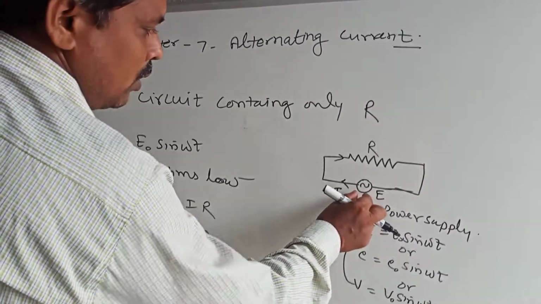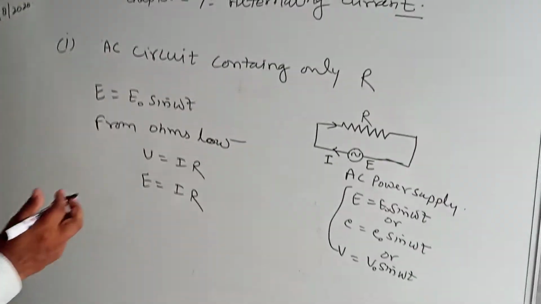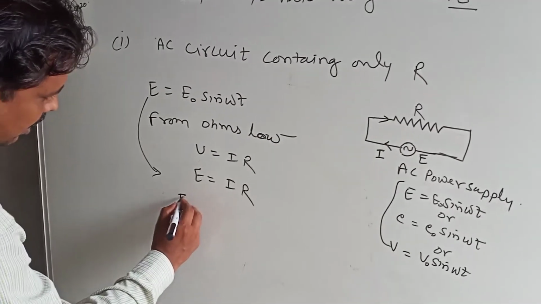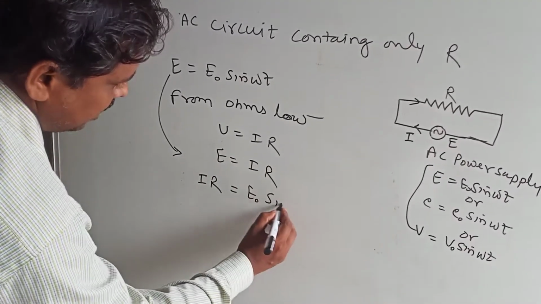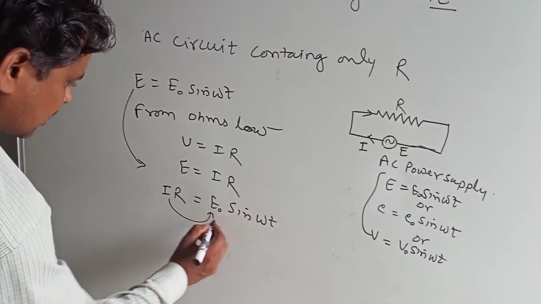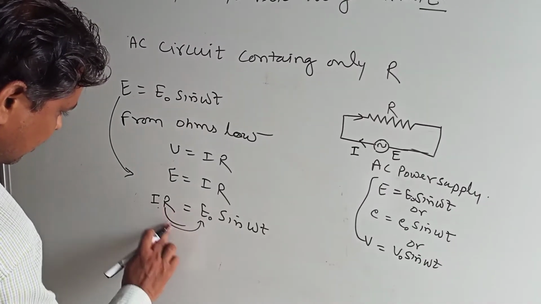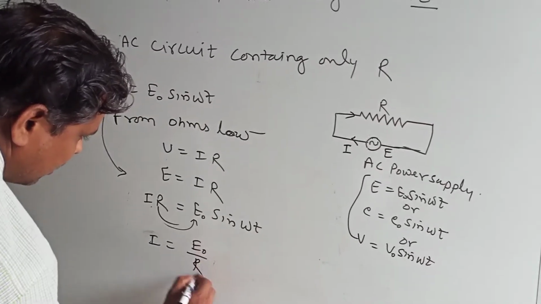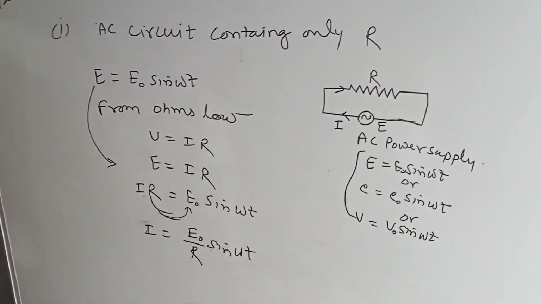So the whole potential of this power supply is dropped across this resistance, and this is equal to V. Here IR is equal to E naught sin omega t, and so I is equal to E naught upon R sin omega t.